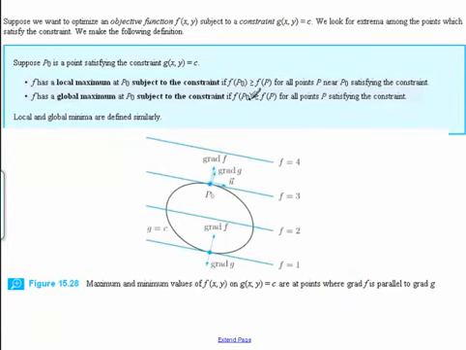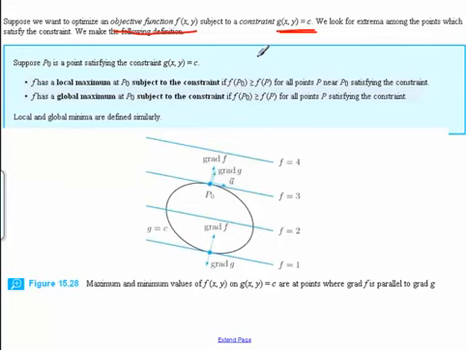So let's try to summarize this a little bit. If we want to optimize some function, our objective function, subject to some constraint, we look for the extrema among the points which satisfy the constraint.